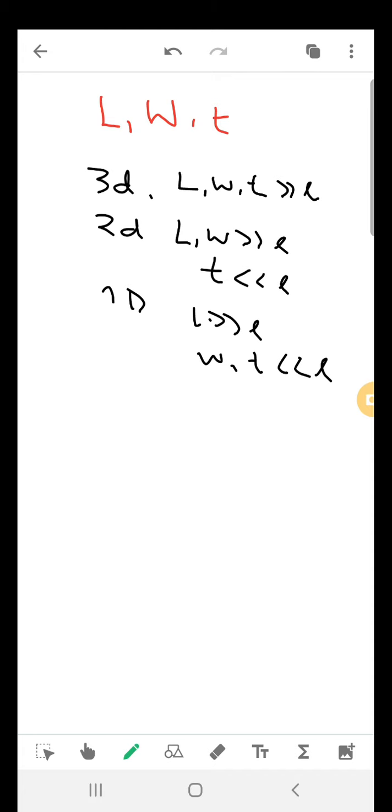Now, the way the electron gets scattered, there are basically two types of scattering taking place.